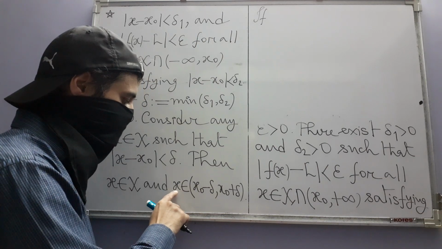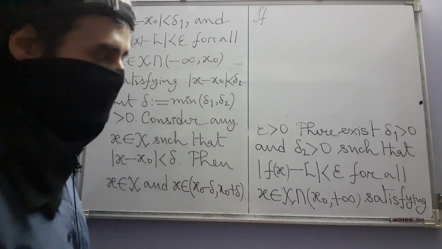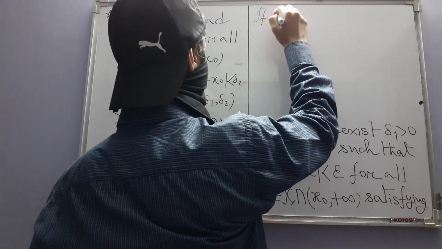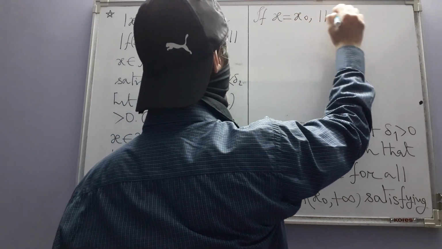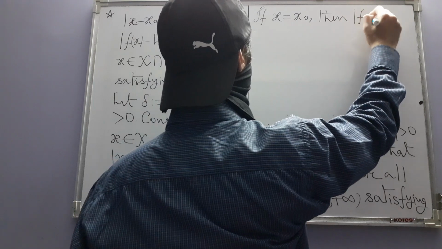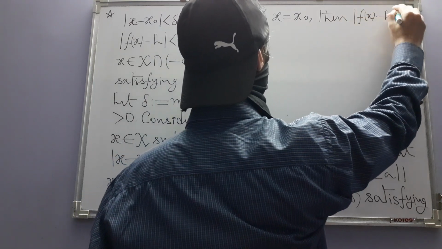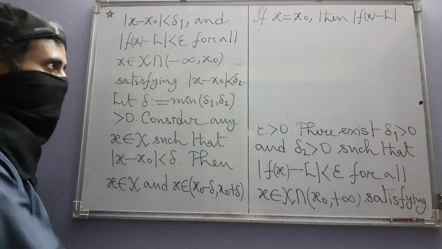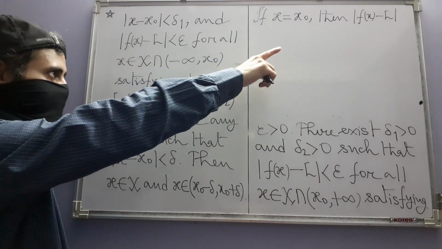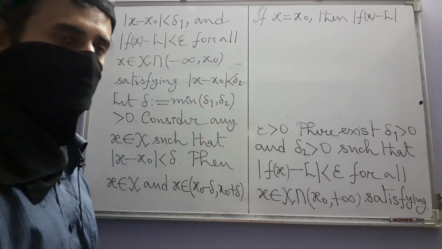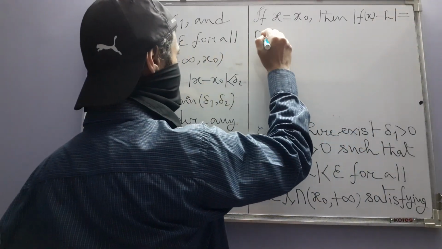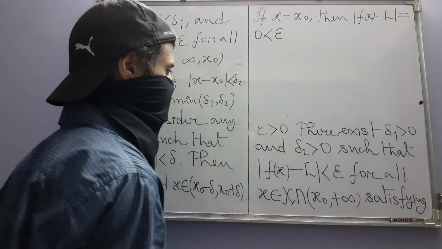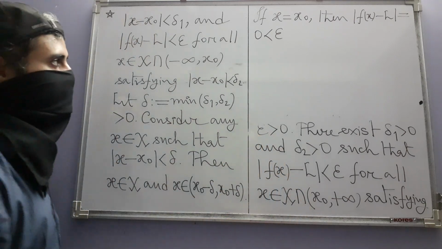So let us first consider the case where x is equal to x naught. If x is equal to x naught, then what happens to this difference? Then f of x is f of x naught, however L itself is f of x naught, so this is 0, which is less than epsilon, because epsilon is positive.